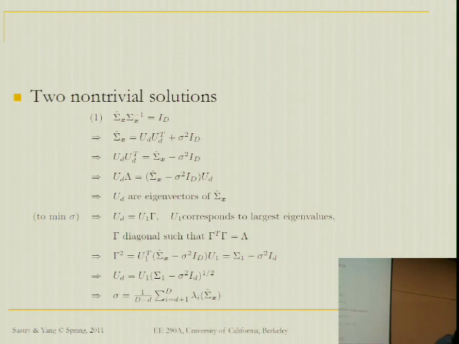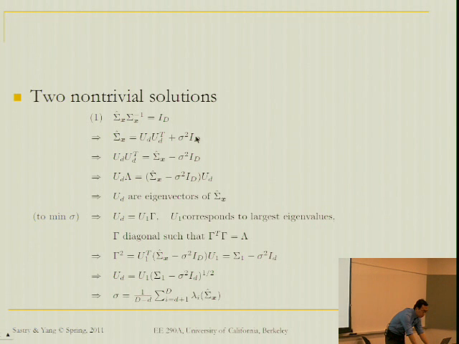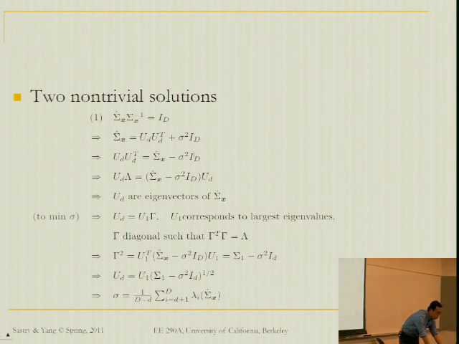That's the second equation here. So now we move, if we move the second term to the left-hand side, we get the third equation, right? You have to follow me. And next, I'm going to multiply both sides by UD.